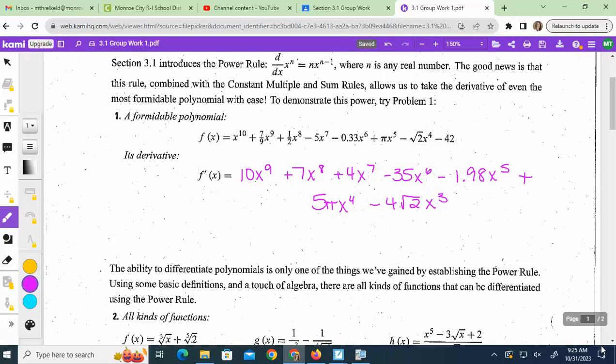Do you get that one? Just keep in mind, pi and radical 2 are just coefficients. So when you do your derivative, the exponent just comes down and gets multiplied with those coefficients.